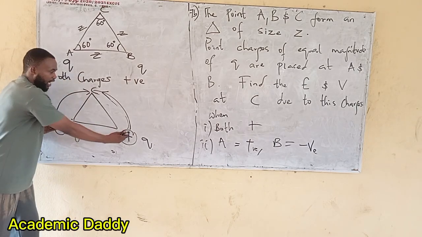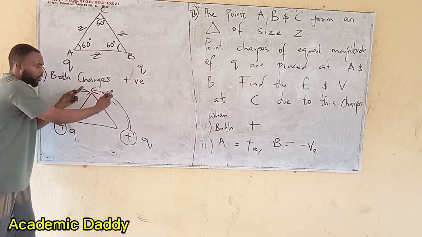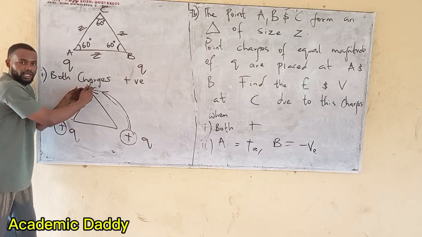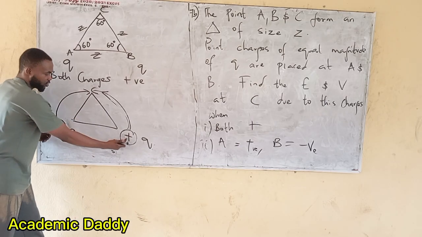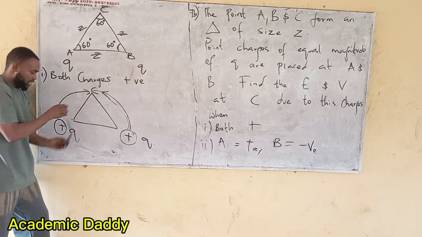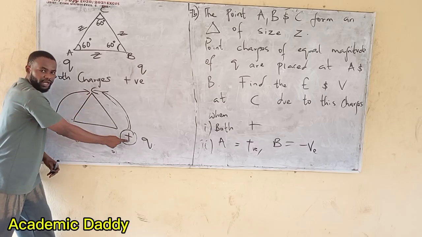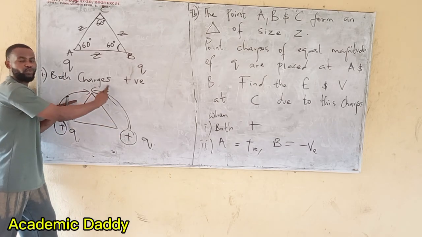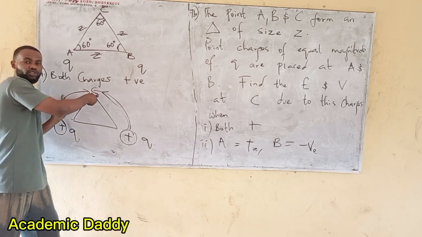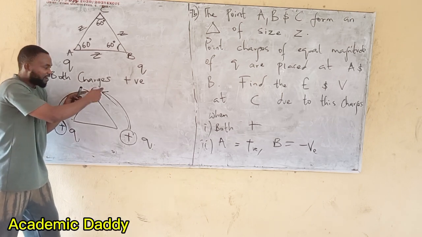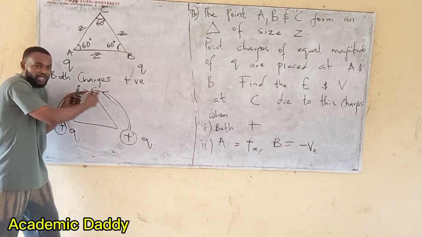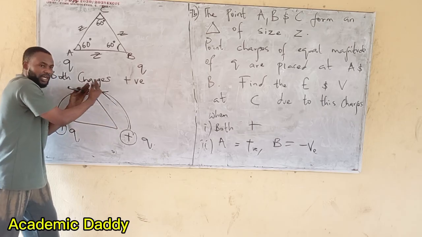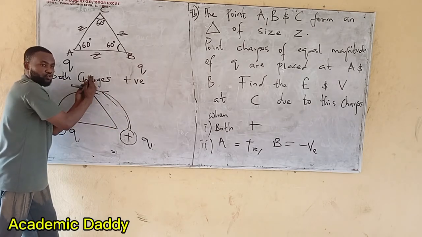The end point of this charge is going to be at C, because this charge cannot flow to this one, and this cannot flow to this one. Whatever settlement this one finds in C is the same settlement this one finds in C. Whatever you place at this point C will take the effect of these two charges.